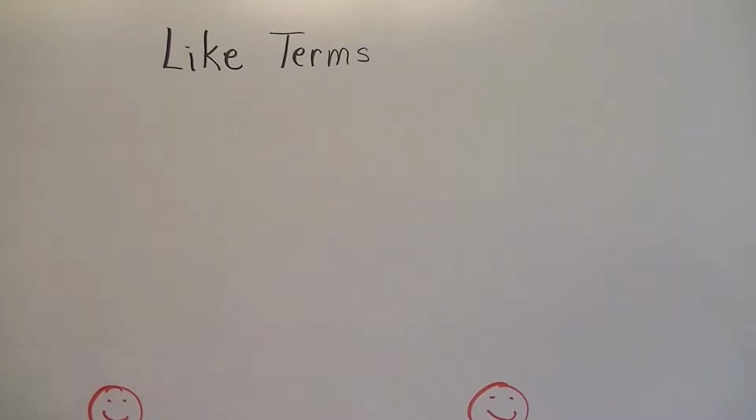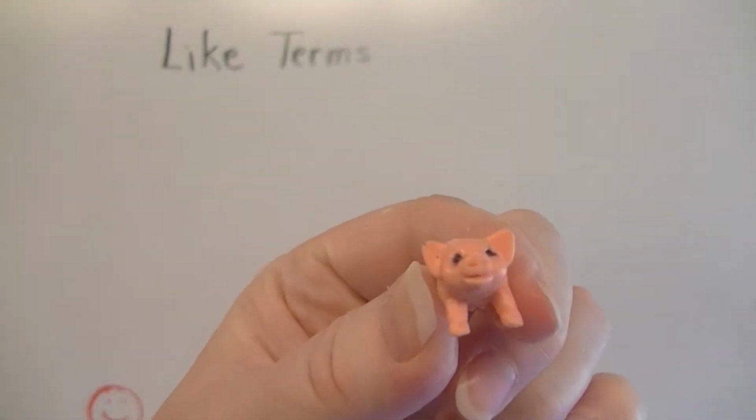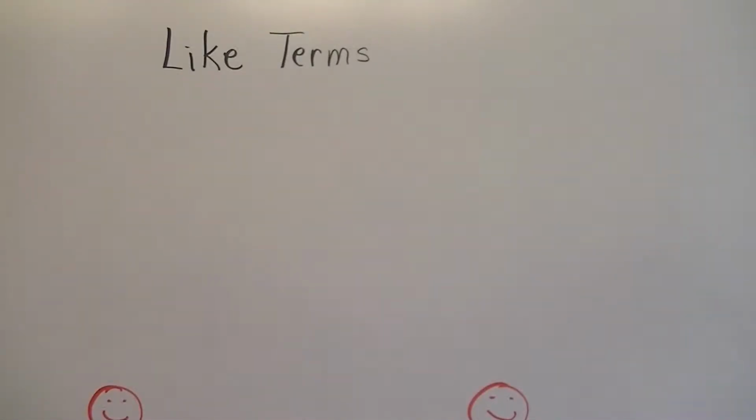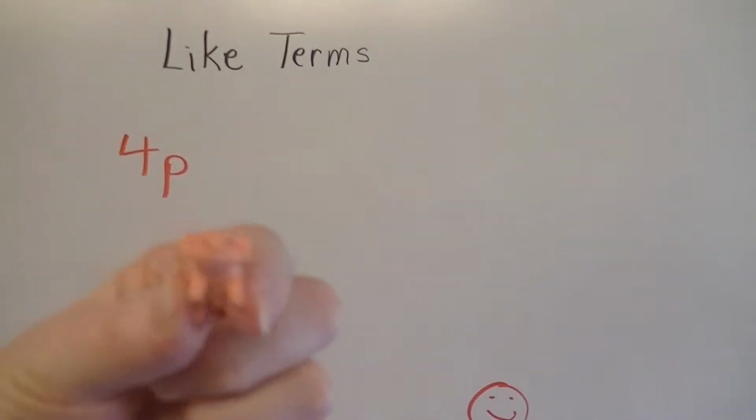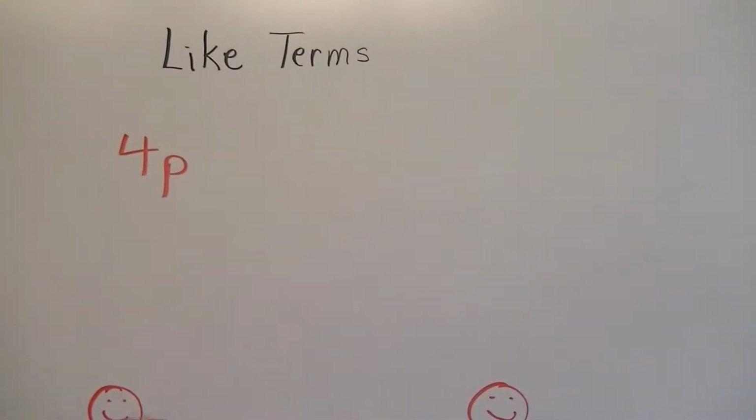I'm going to have a pig help us today. Here's the pig. And if we talked about pigs, let's say that we had 4 pigs. In algebra, we could represent it like this: 4, and then we could use a P for pig. Now, let's say that we just wanted to have 1 pig.